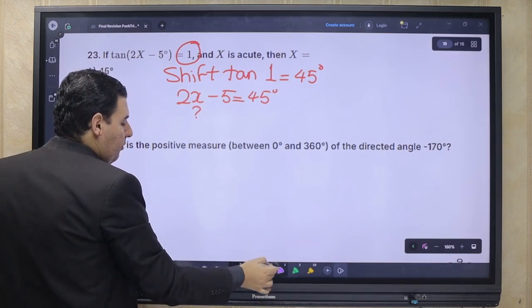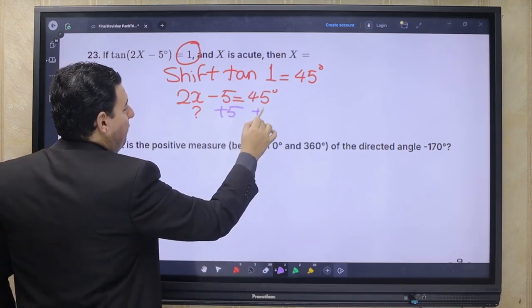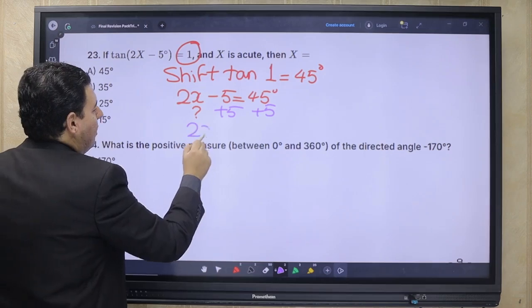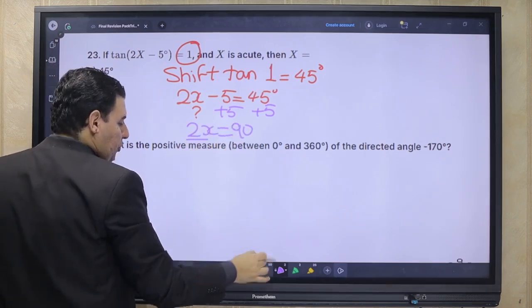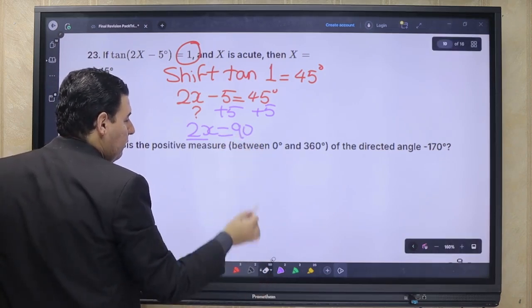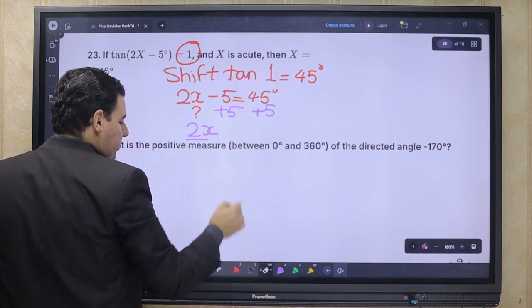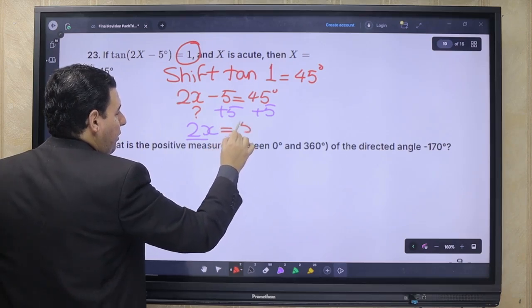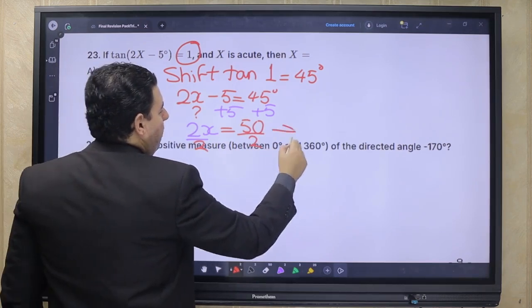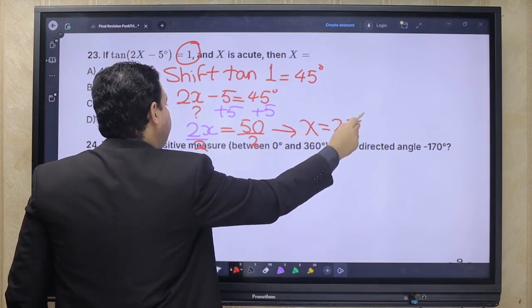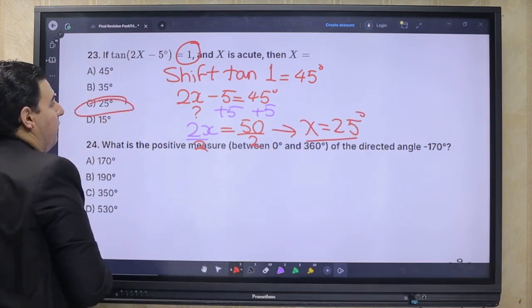We are going to add plus 5 on both sides. 2x equals 50 degrees. Divide by 2, divide by 2. And x here equals 25. So x equals 25 degrees.